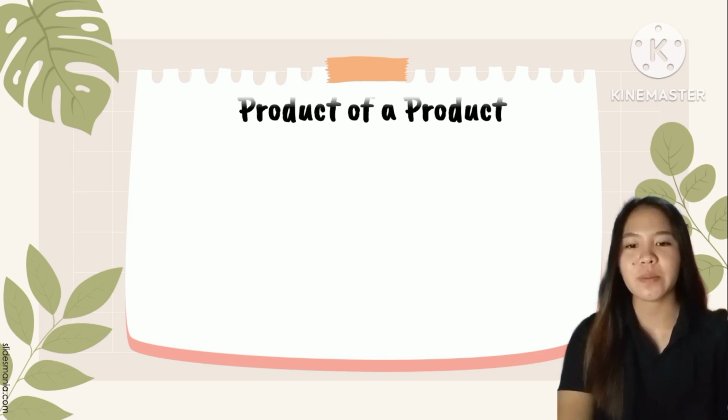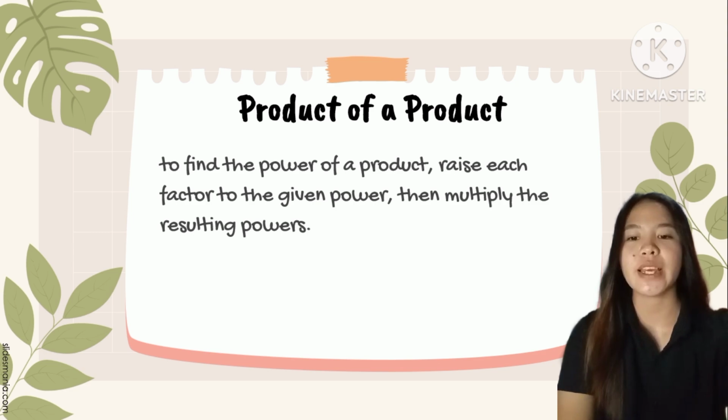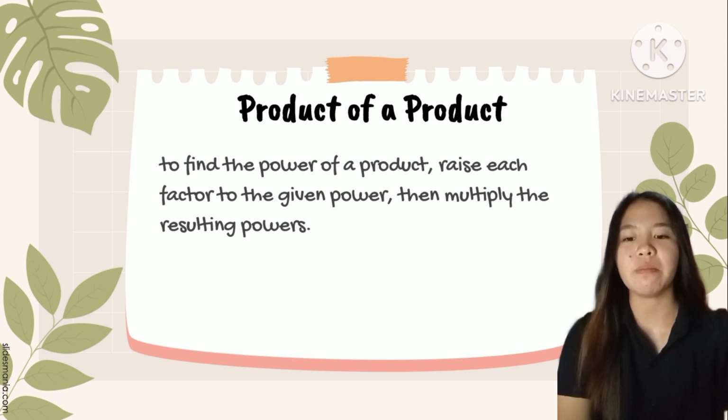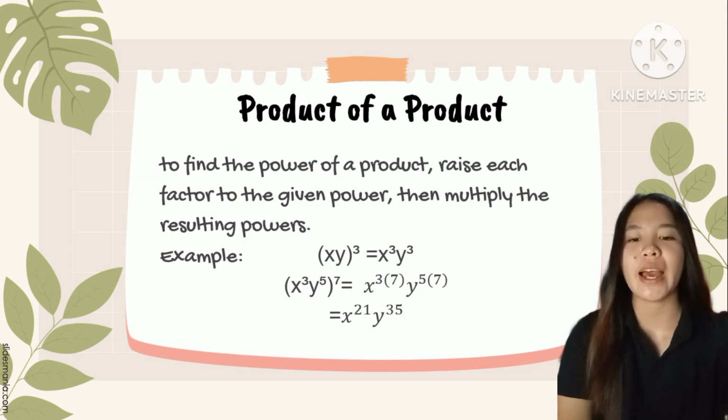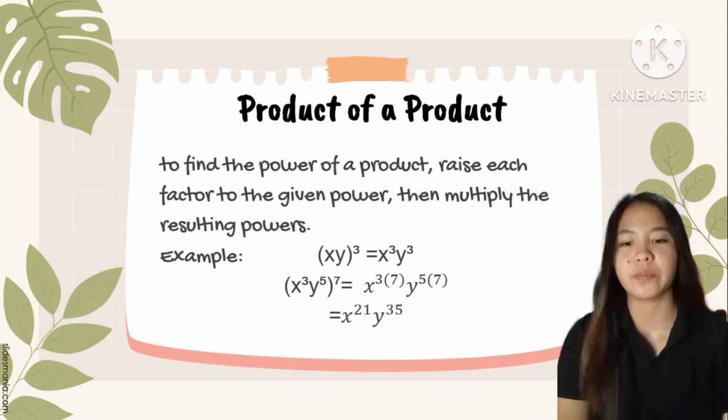The next is power of a product. To find the power of a product, raise each factor to the given power, then multiply the resulting powers. Okay, let's have an example. First is xy cubed. What we are going to do is substitute the exponent. So we have x cubed y cubed.